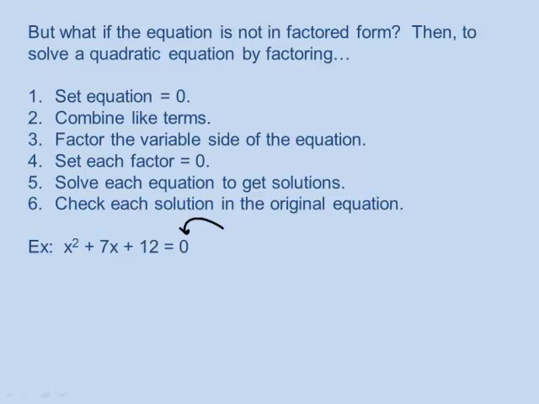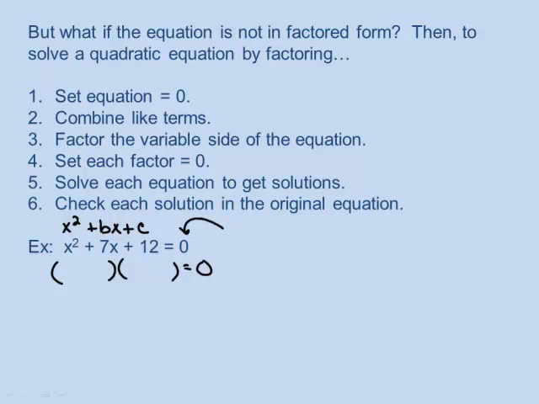Factor the variable side of the equation. So we want to factor x squared plus 7x plus 12. That's one of those easier trinomial forms, x squared plus bx plus c. So you can use that grouping method, that step-by-step method that we talked about.